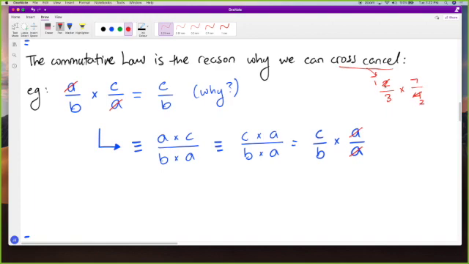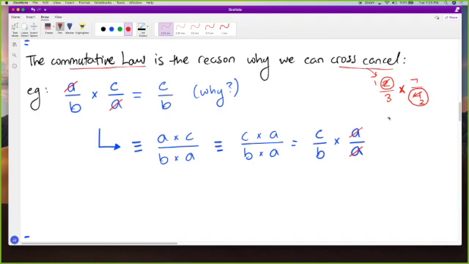I could cancel that, but why? Why is it that when I am multiplying, I could cancel the numerator from one fraction with the denominator from the next fraction? How is that possible? Well, the commutative law is the reason why that is possible.